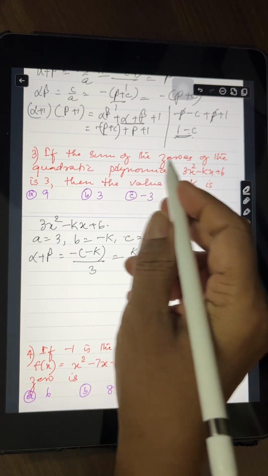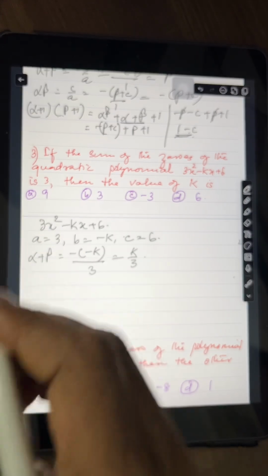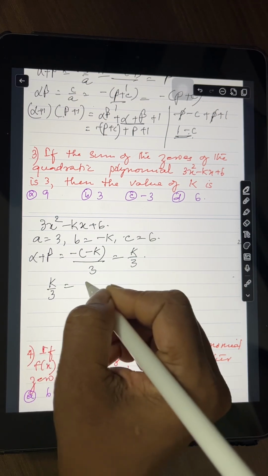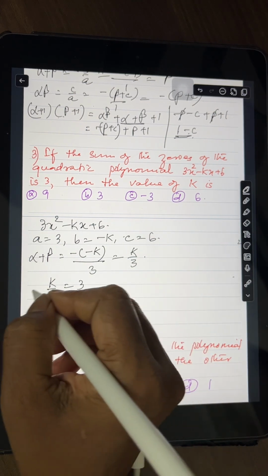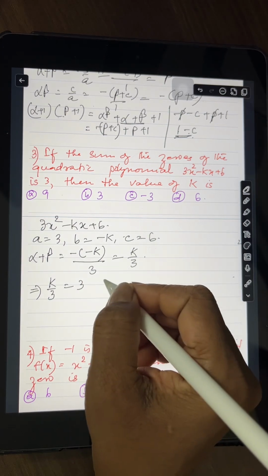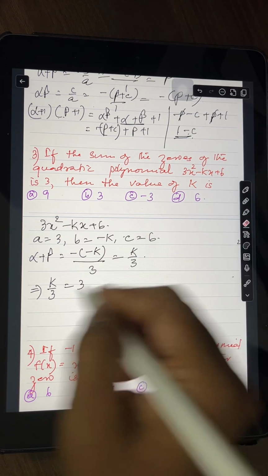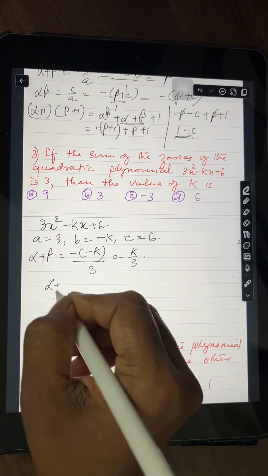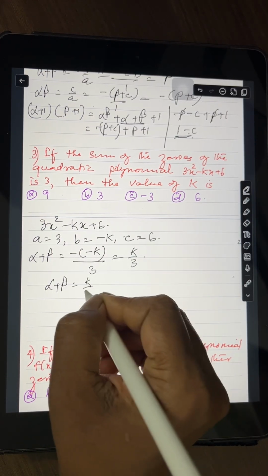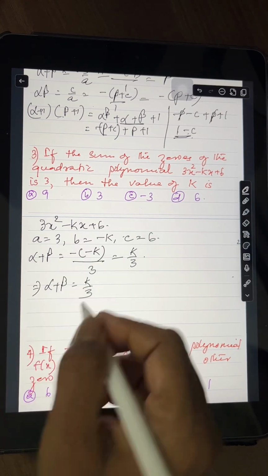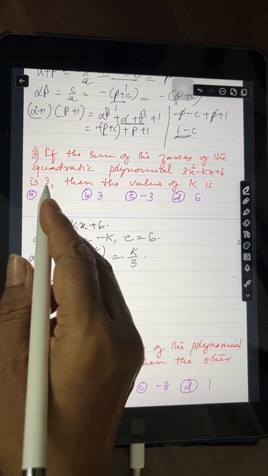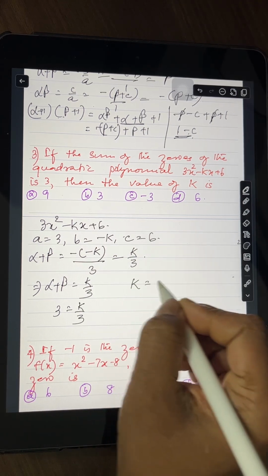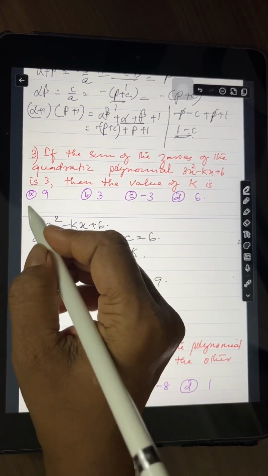But he is saying the sum of the zeros is 3. So k by 3 is equal to 3. So 3 is equal to k by 3, and k is equal to 9. So this is the answer.